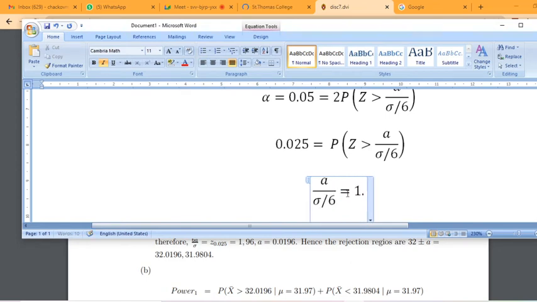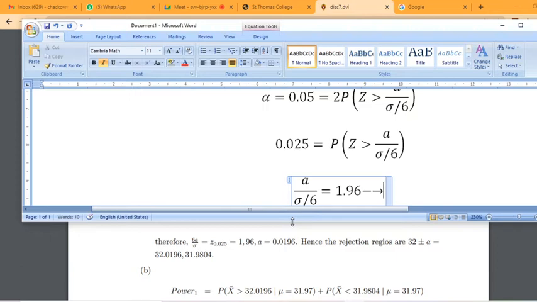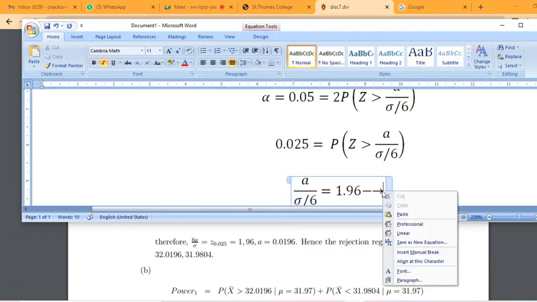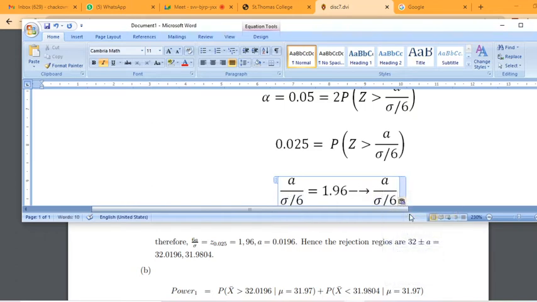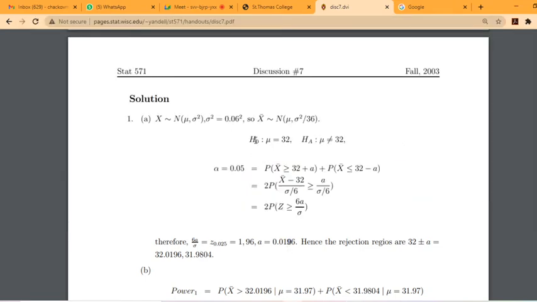I think yesterday we discussed this. This implies, because sigma is given, what is the value of sigma? Yeah, sigma is 0.06.